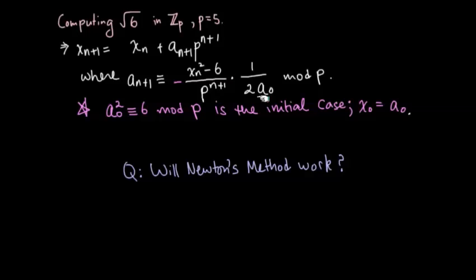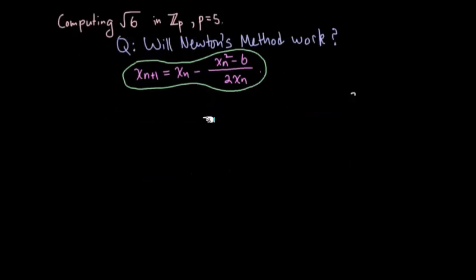We're going to try and see what happens. Newton's method is that if you're looking for root 6, we look at the function x squared minus 6 and divide it by its derivative, and you subtract that from a term in the sequence, xn minus that, then it's xn plus 1. That's how Newton's method works.